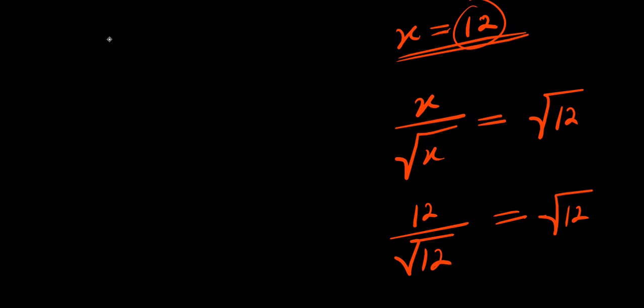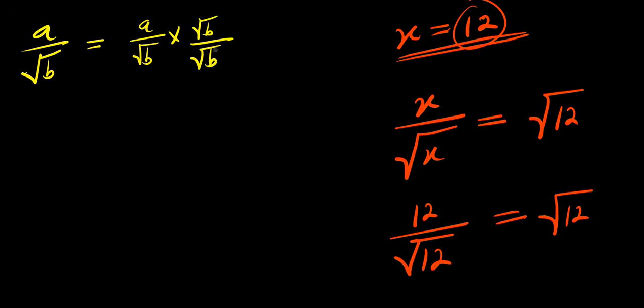For instance, if you have a divided by square root of b, this means a divided by square root of b times square root of b divided by square root of b.